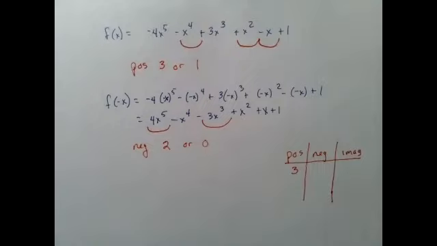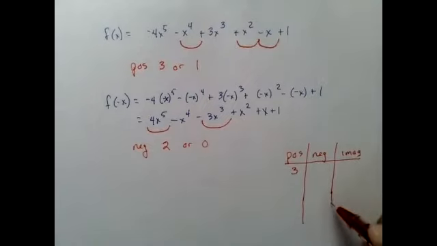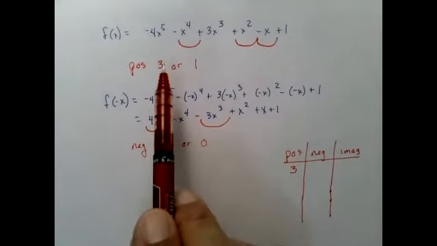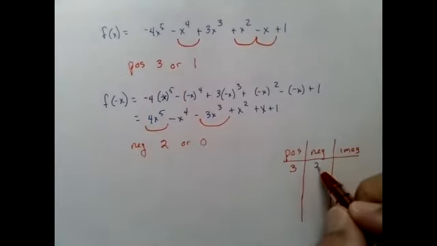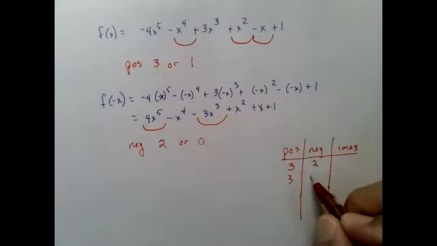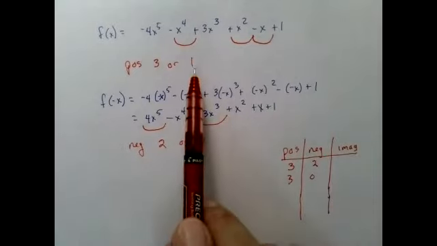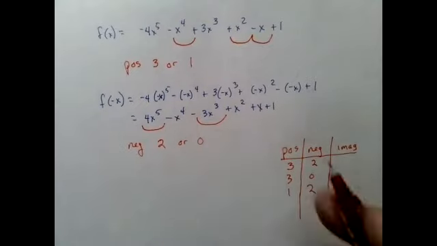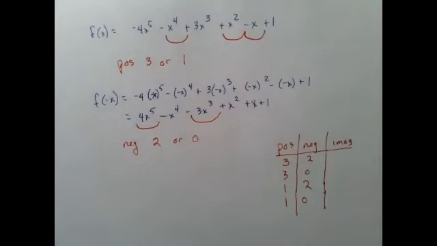Okay, so I have lots of possibilities of what's going on here with my answers. 3 positives, 2 negatives, 3 positives, 0 negatives. My next combination, 1 positive, 2 negative, and 1 positive, 0 negative.